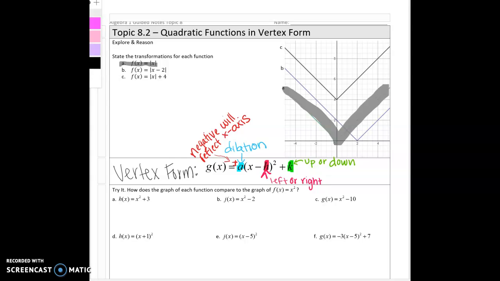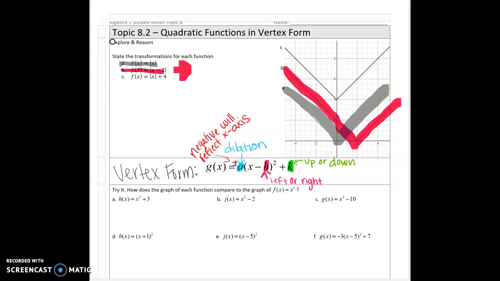And then where it says minus 2, that's in this spot, so it's moving it left or right. It's inside the absolute value, so it's going to be moving it opposite. We see a negative 2, so it's going to go to the right. Sorry, that's a horrible arrow, but it moved 2 right.